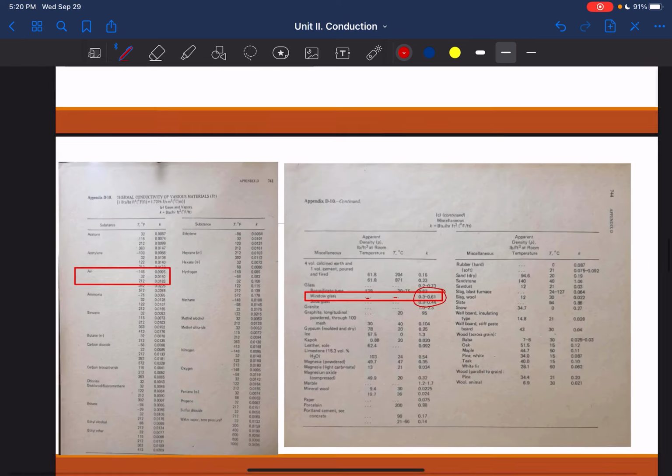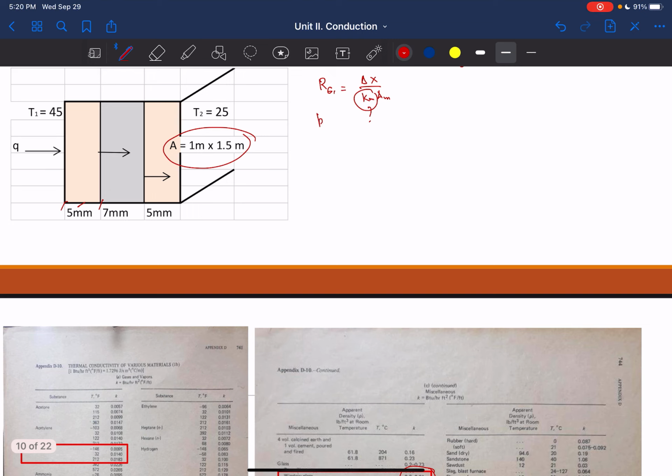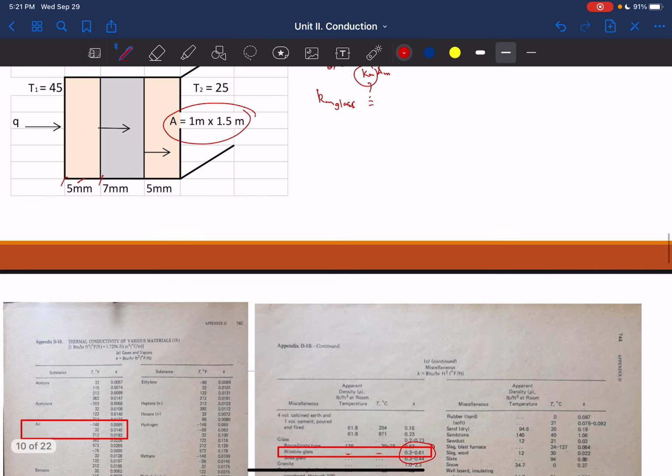So if that's the case, I would therefore get Km for the glass to be equivalent to the average of the given K, or that's 0.3 plus 0.61 all over 2, which gives me 0.455.